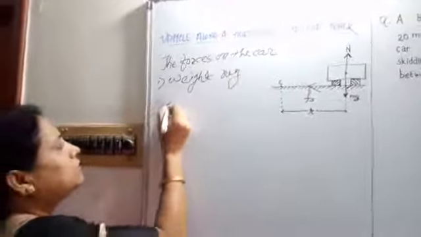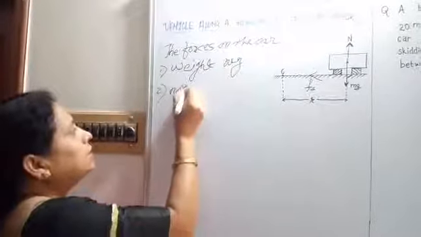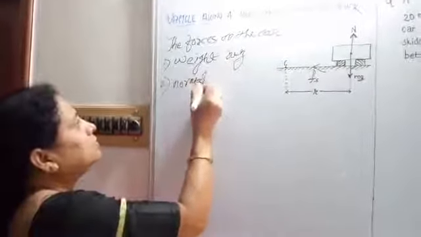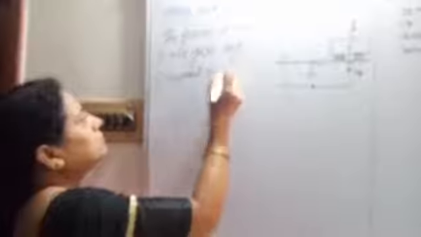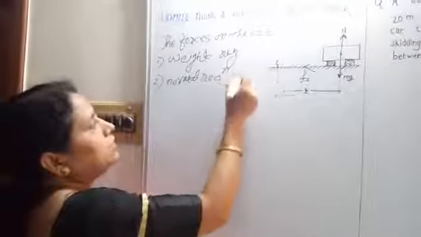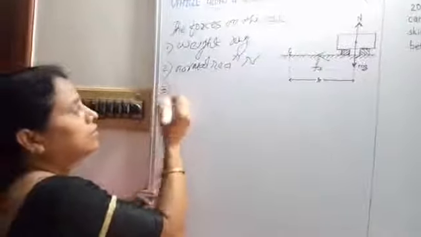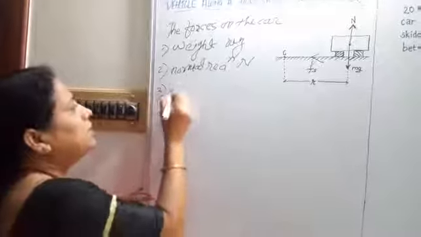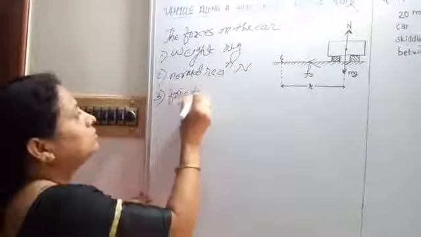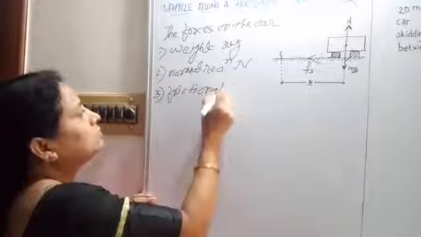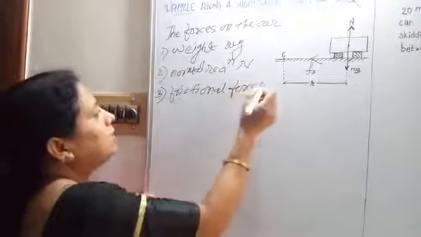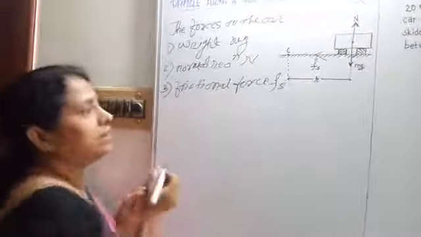The second force is normal reaction, that is N, and the third main force is the frictional force, or we can call it force of friction, that is Fs.